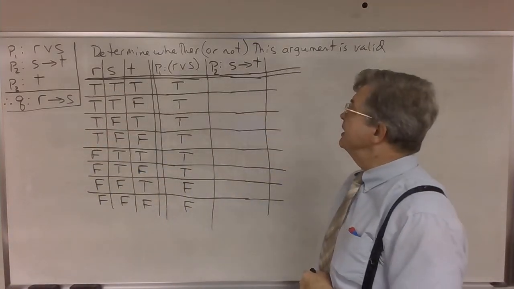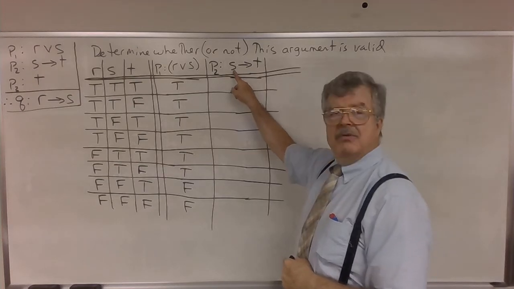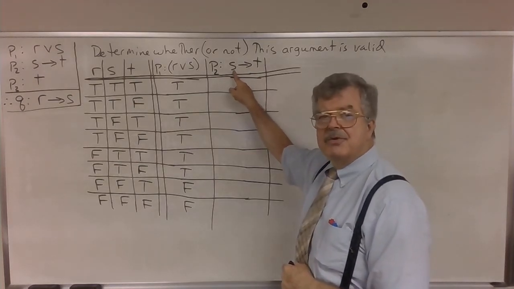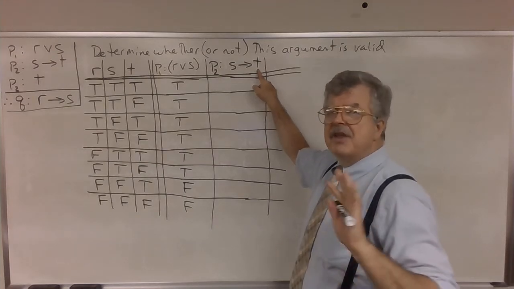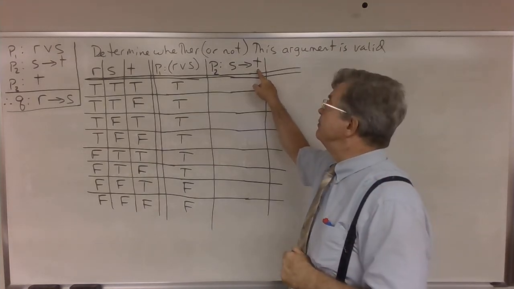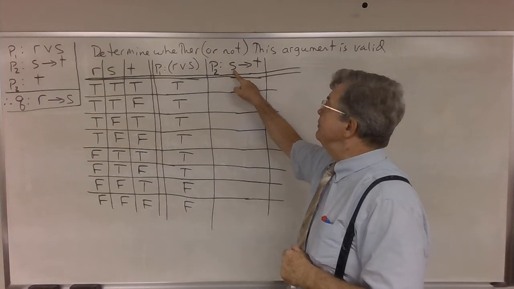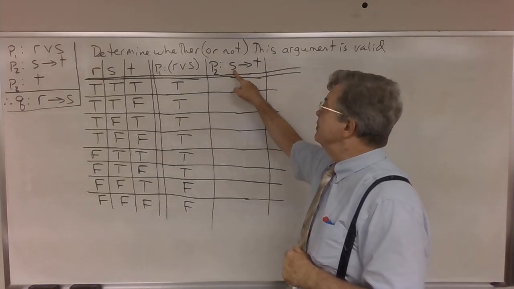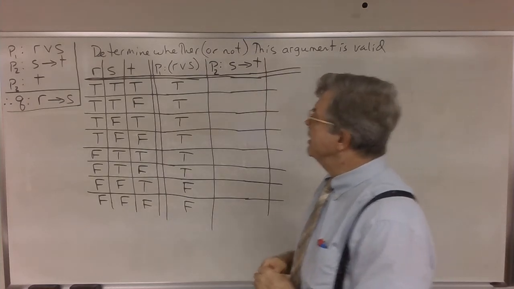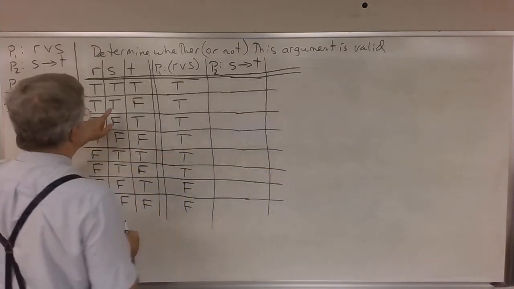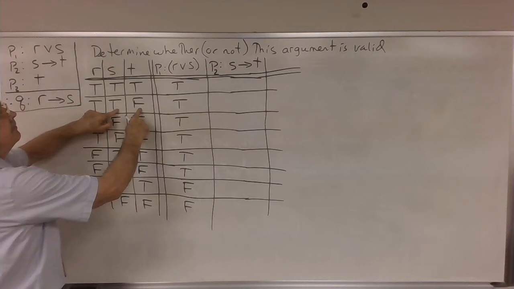It's only false when we have true implying false. That's the only time that it's false. So we look for places where S is true and T is false. Does that happen? Yeah. S true, T false.